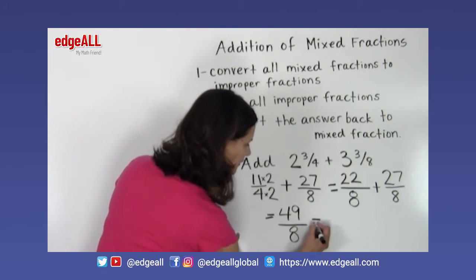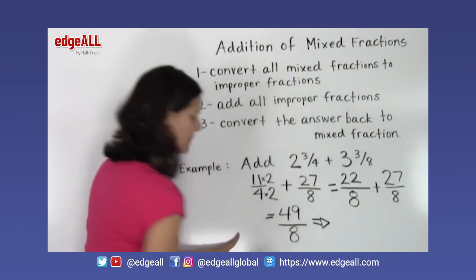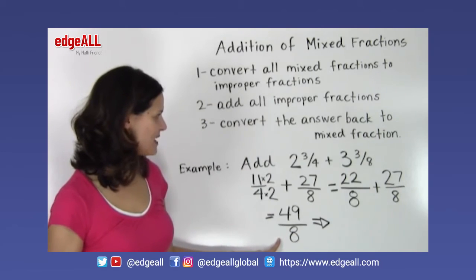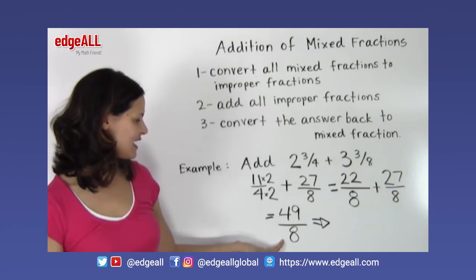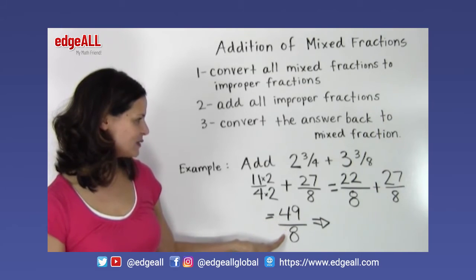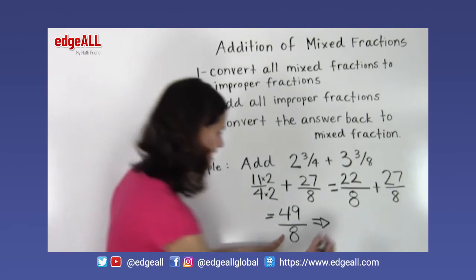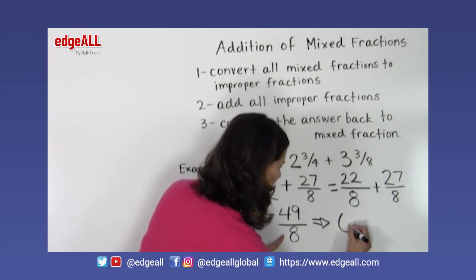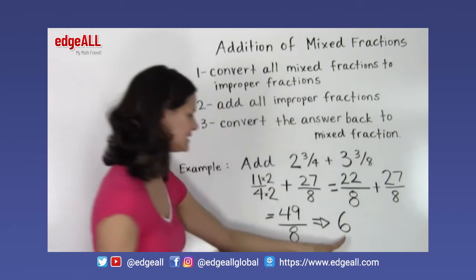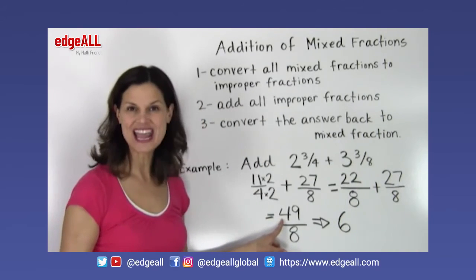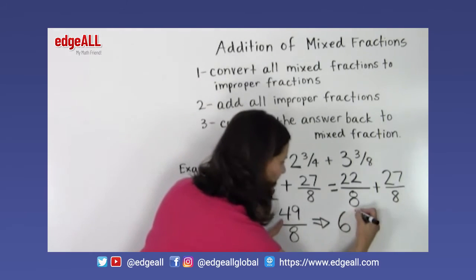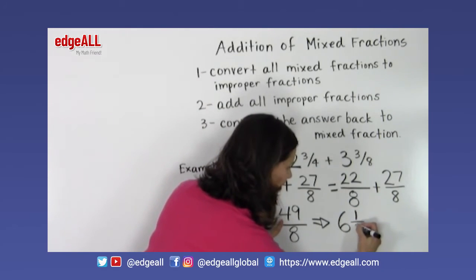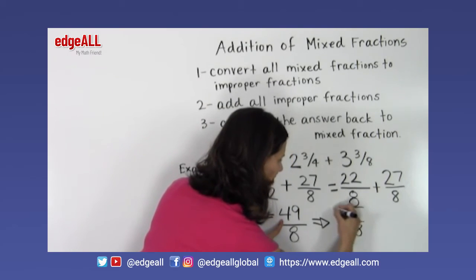So to convert 49 eighths back into a mixed fraction, I need to see that 49 is divisible by 8 six times, and so my whole number is going to be 6. 6 times 8 equals 48, so I'm left with one remainder, and so I'm left with a 1 in my numerator and an 8 in my denominator.